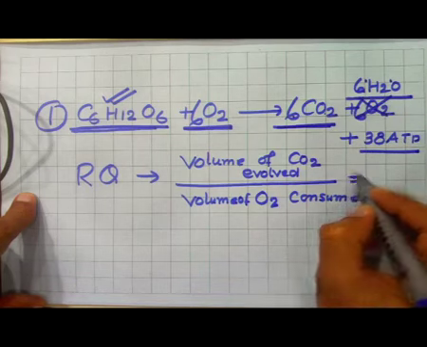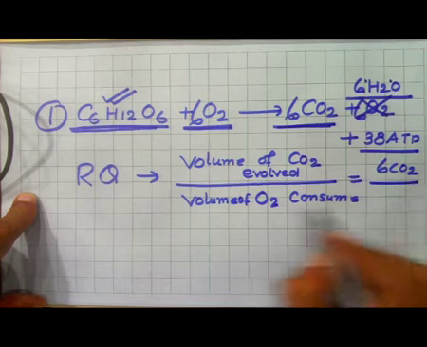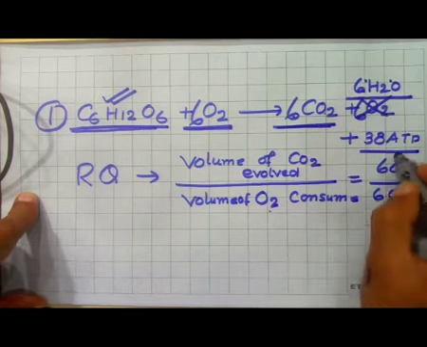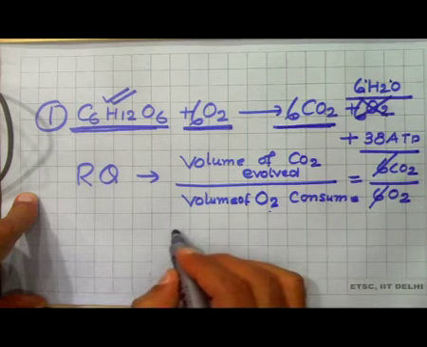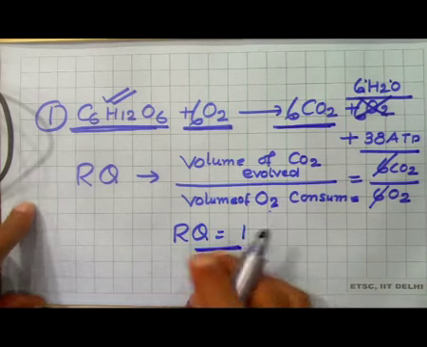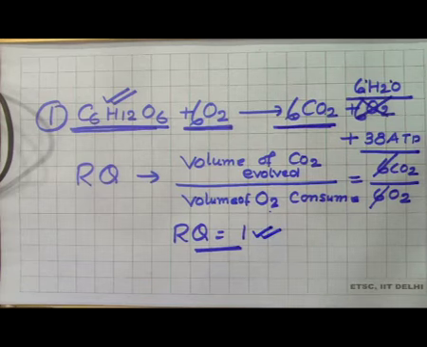Here the volume of CO2 is 6 CO2, and the volume of oxygen consumed is 6 O2. So, the RQ is 1. So, the respiratory quotient for glucose is 1.